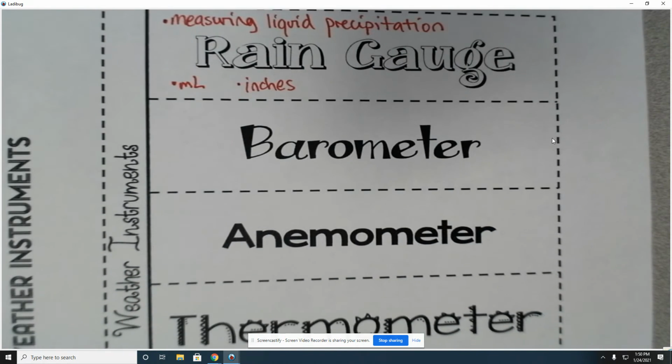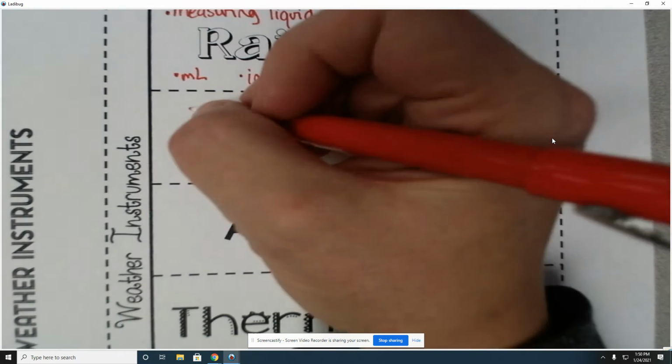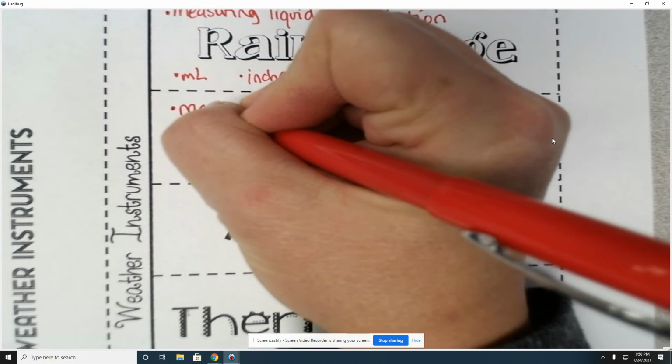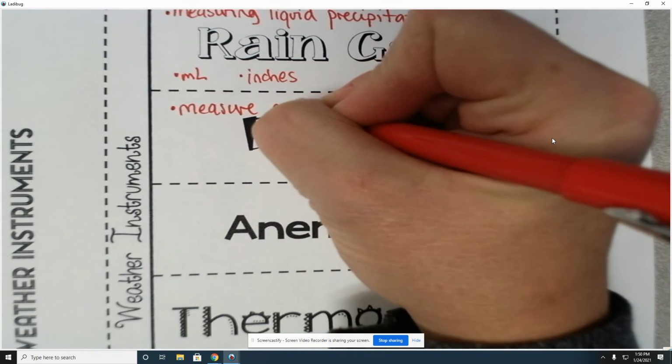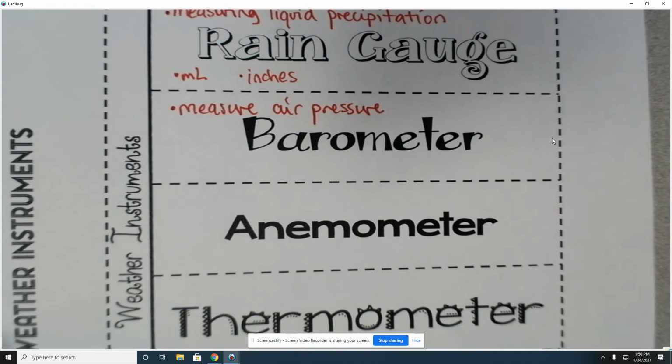A barometer is going to be used to measure air pressure. So what does this mean? If you ever listen to the weather, and I want you to start doing that, whatever TV channel you prefer, you'll hear the meteorologists refer to air pressure systems, a low pressure system, a high pressure system moving into the area.